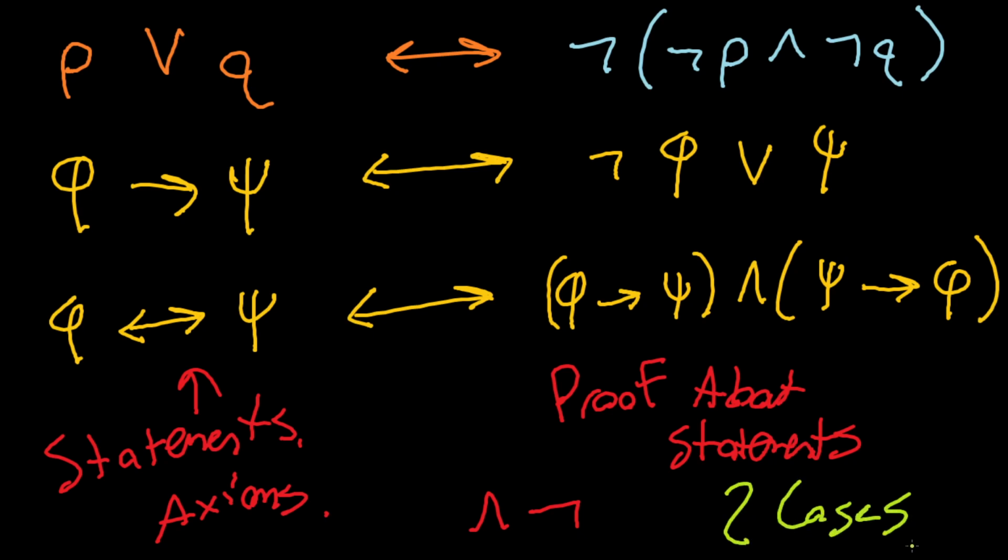Almost everything I'll prove about statements will be inductive. The way I'll prove it is, if something holds for a statement, it holds for the negation of the statement. If something holds for two statements, it holds for the conjunction of the two statements. So it will radically simplify our proofs to only have to deal with "not" and "and."